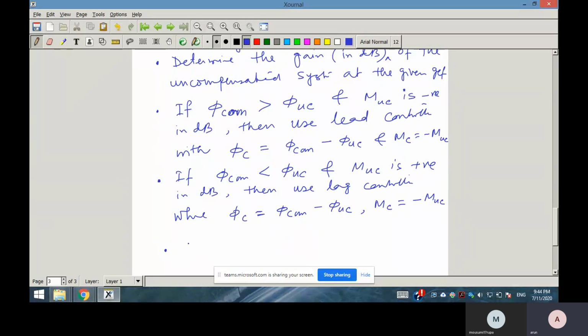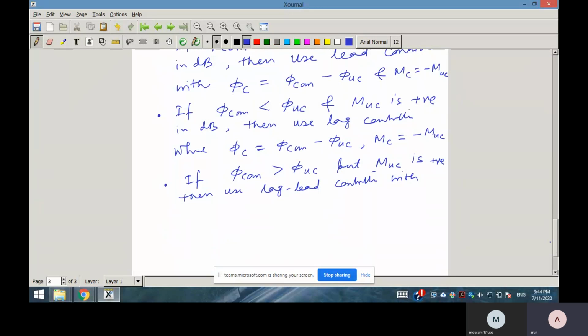Now when is a lag-lead controller needed? If phi com is greater than phi UC, but with the contradictory requirement that MUC is positive, then use a lag-lead controller. The gain attenuation needed will be minus MUC, and the phase lead needed is phi C equal to phi com minus phi UC.